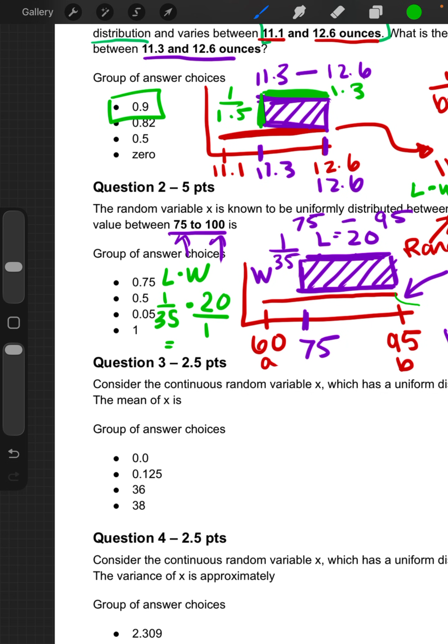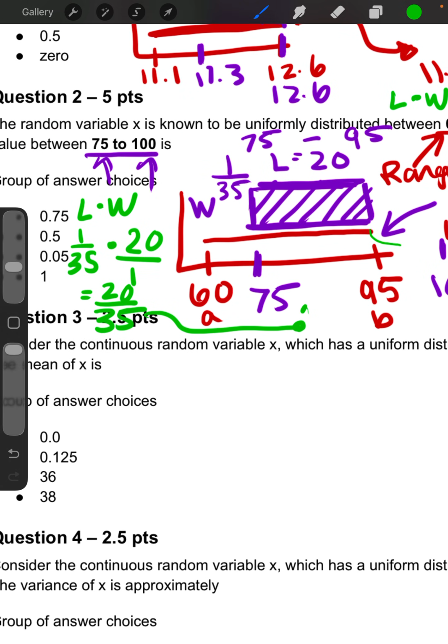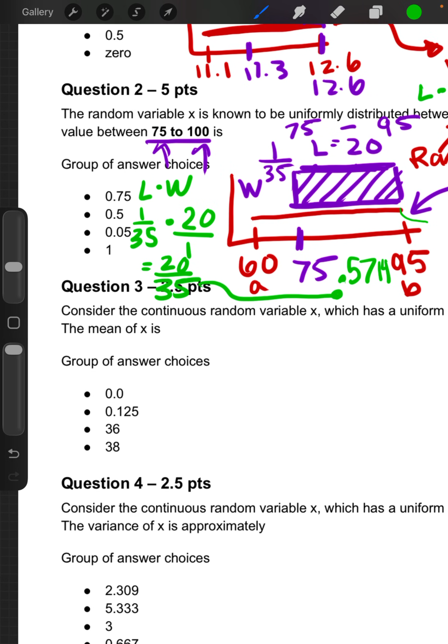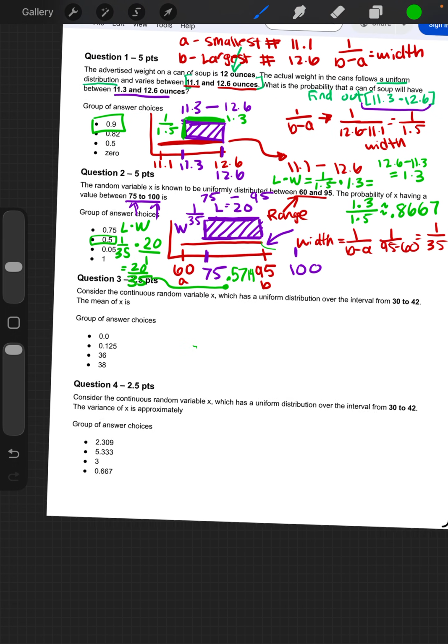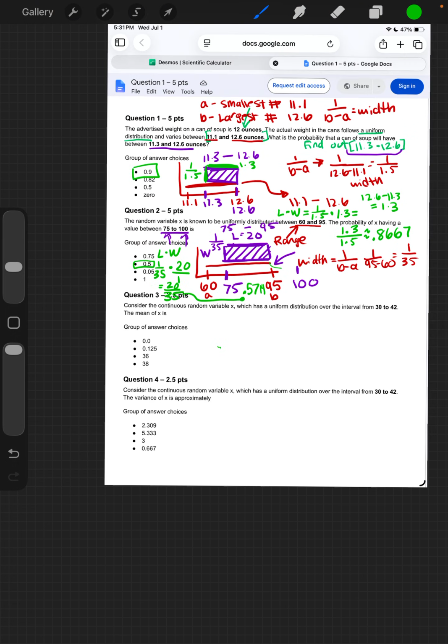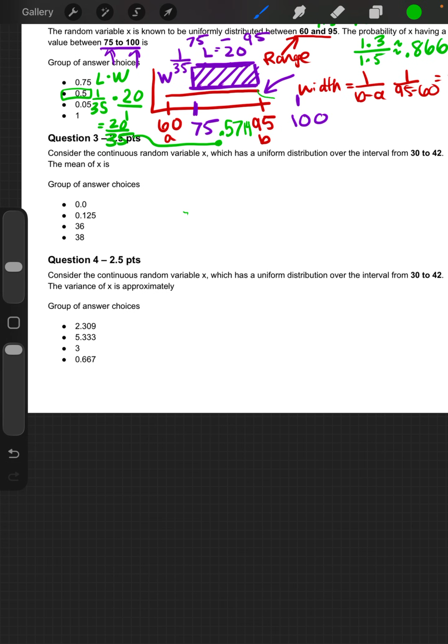We get 20 over 35, and that should be around 0.5714. The closest one is this one. I'm pretty sure your answer choices will be closer. Well, I rounded the answers for these problems, so I hope that doesn't confuse anyone.